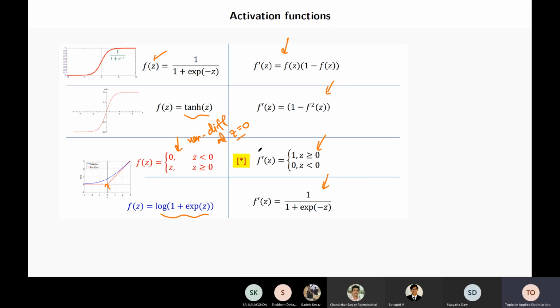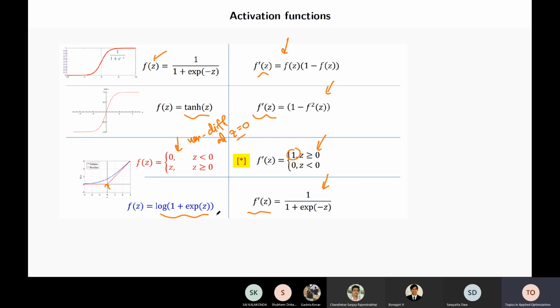By convention, we take it as 1, and the remaining places the derivative is 0 anyway. So at the problematic part where z is equal to 0, we can define the derivative to be 1. In the other cases it doesn't matter, since derivatives are found in closed form, so there is no issue here.